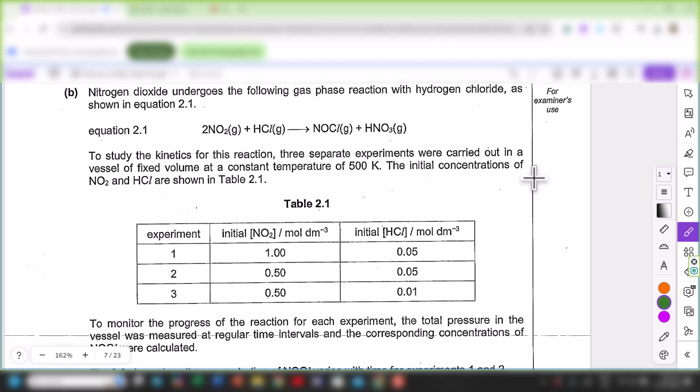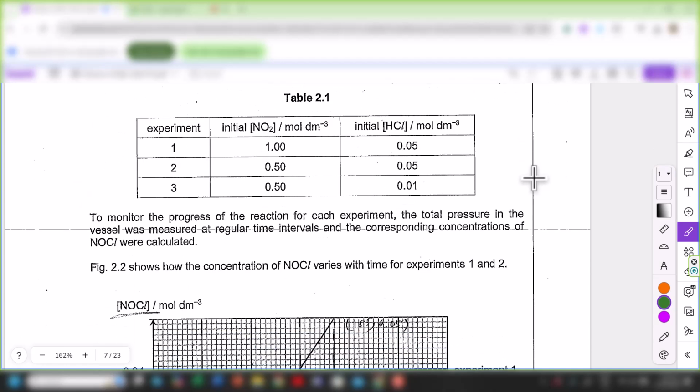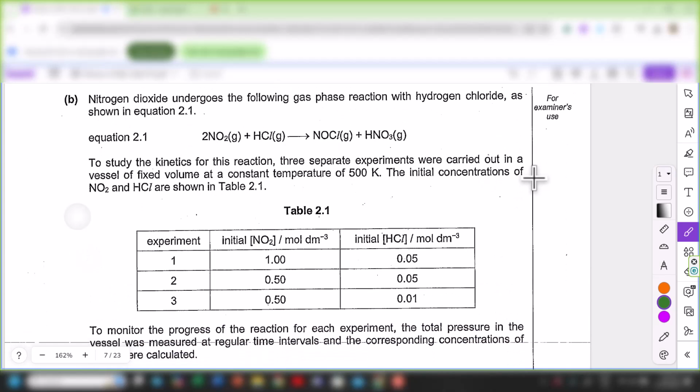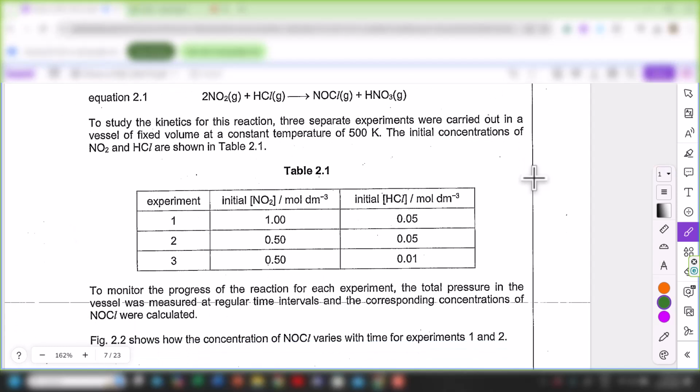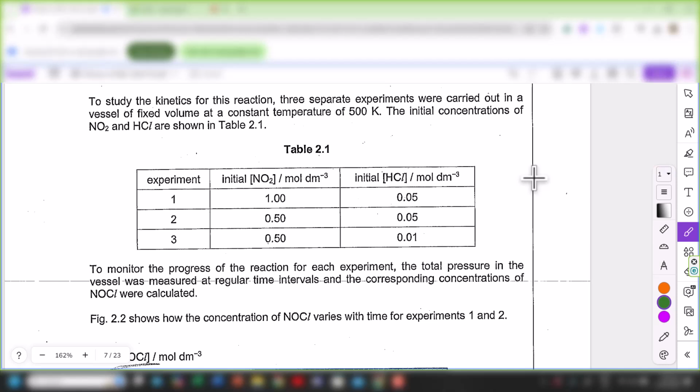After that is followed by a simple, relatively okay kinetics question, I hope. So they gave you experiments with different initial concentration. You notice that the initial concentration of NO2 is always much higher than that of HCl.